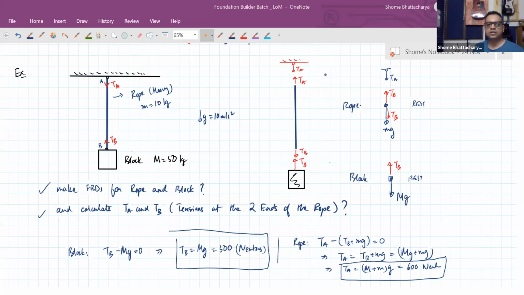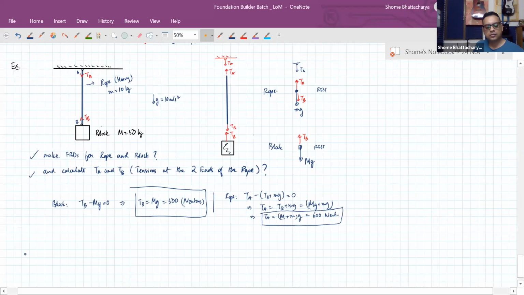So that is why we will follow a simple rule of thumb from here. Okay. So here, in the case of a light, or what we call massless thread, massless means extremely low in mass. Okay.